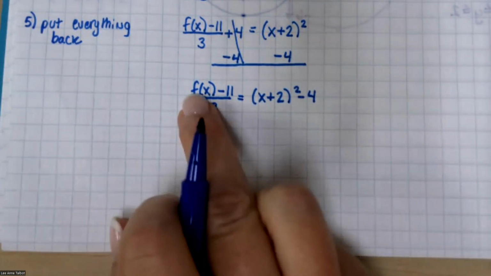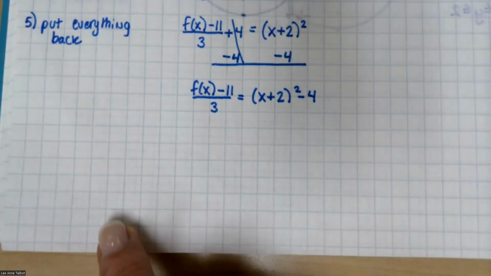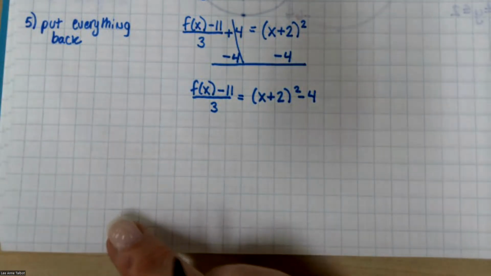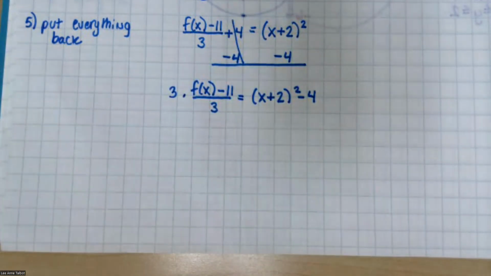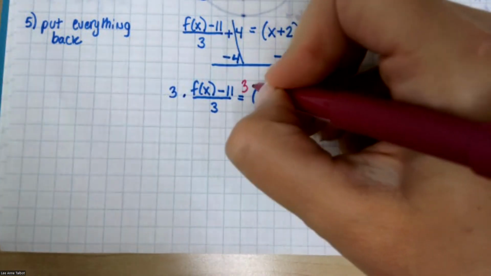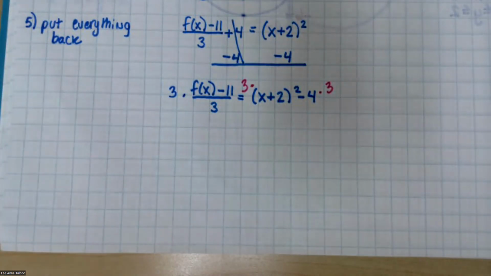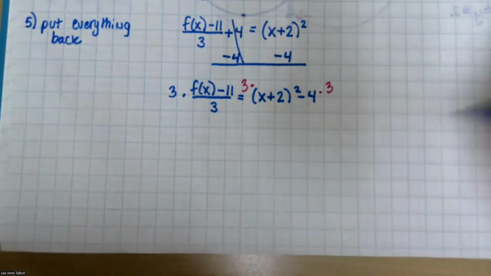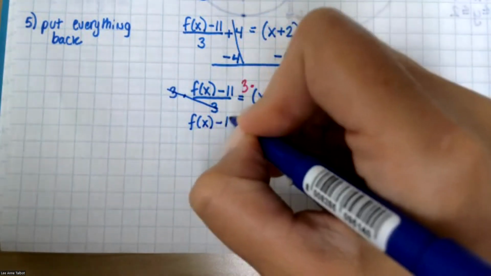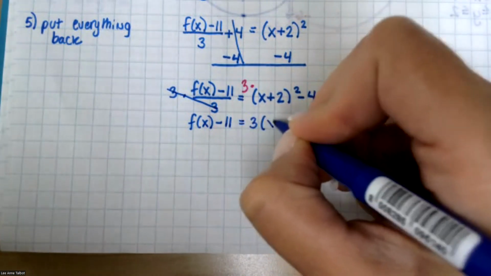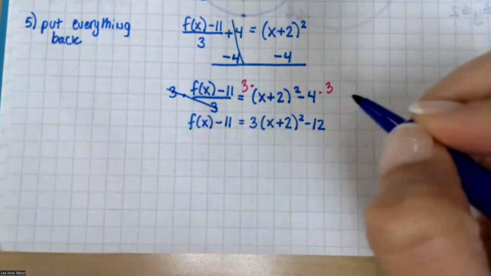I want to get f of x by itself. Multiply both sides by 3. And it's very specific. If you're using a different color, you have to put 3 times in front here and 3 times the constant.